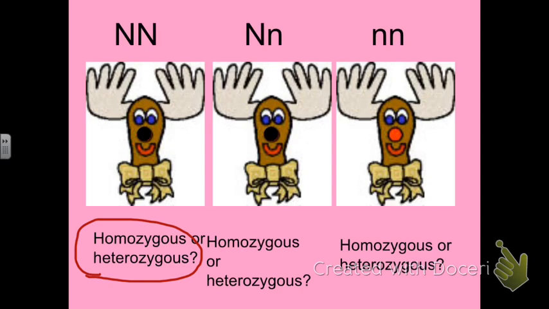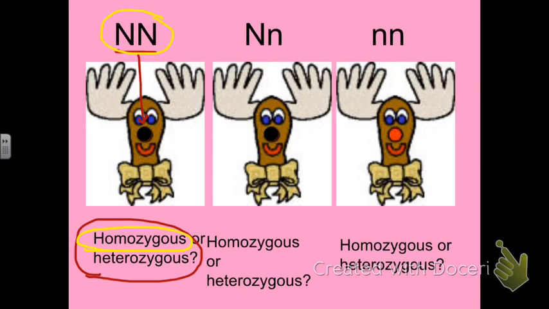I've given you in this problem that this individual is big N big N, so he's showing the dominant black nose, and the term that relates to that would be homozygous. Homo means same. So because we have two of the same alleles here, that's homozygous.